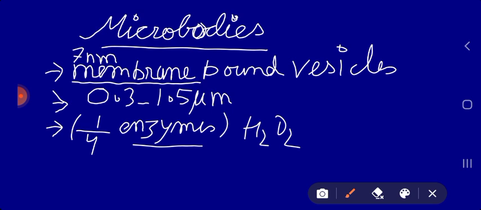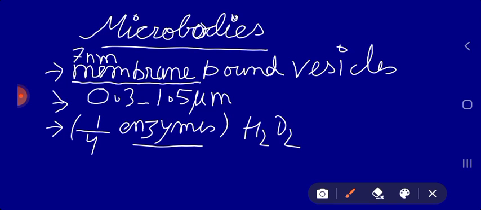right? So what I have said is that microbodies are composed mainly of enzymes, just like we have seen in lysosomes, and in yesterday's lecture on vacuoles.